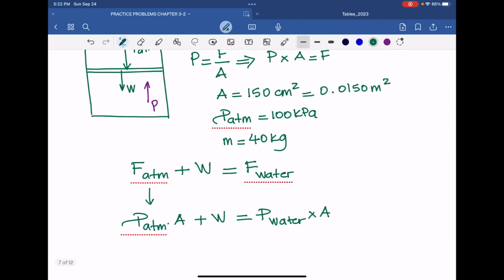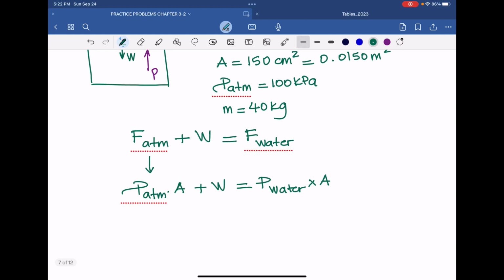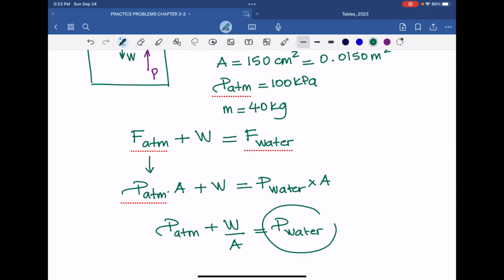Okay, dividing each term by area, we have... remember, our goal here is to figure out the pressure of the water in our system. We can do that. Let's plug in the values.